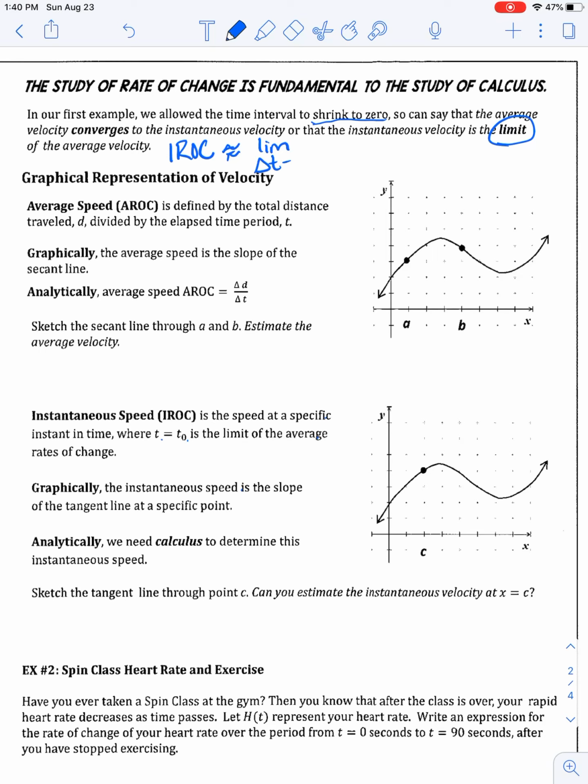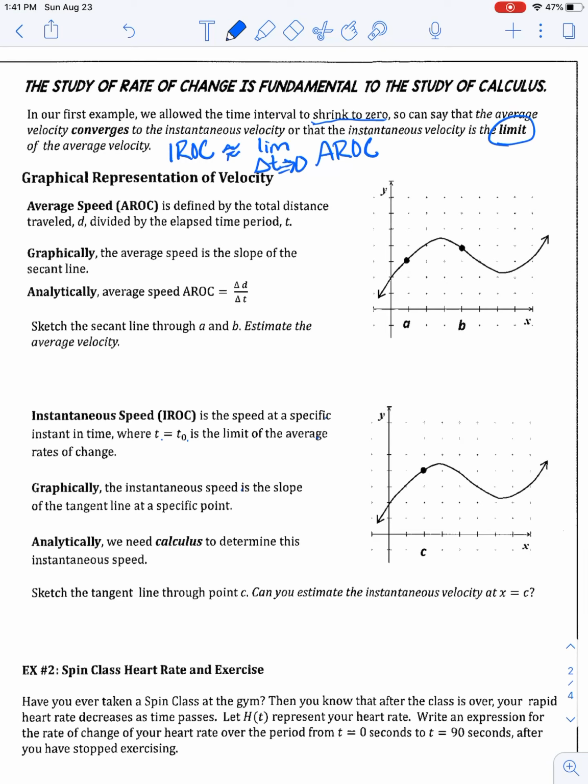I don't want my time to go to 0. I want the change, the time lapse, to get as close to 0 as humanly possible. And I'm taking the limit of the average rate of change, or the AROC. So the IROC is approximately the limit as delta t approaches 0 of the AROC.